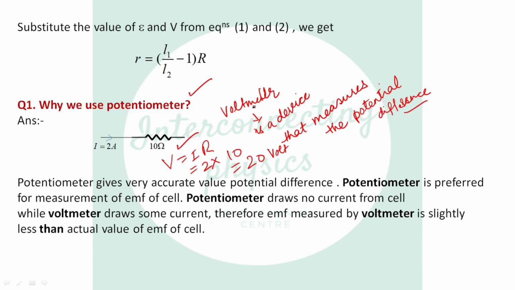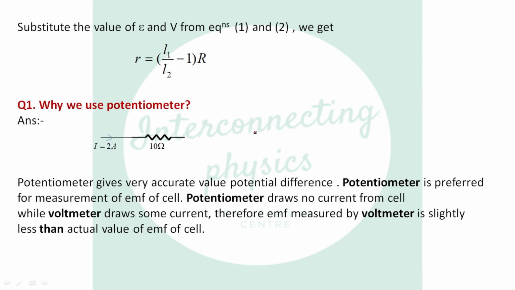Now using a voltmeter, what do we get? Let us connect the voltmeter here. This is the wire having resistance 10 ohm. Let us connect the voltmeter parallel to it, because a voltmeter is always connected parallel to the element. So this is the voltmeter, and 2 ampere current starts flowing from here.